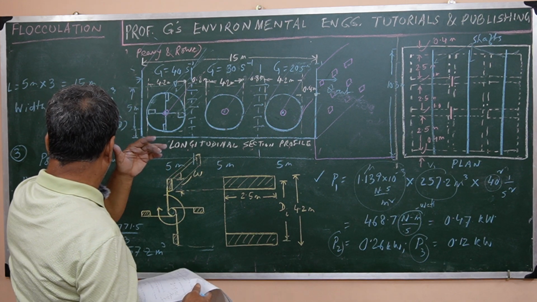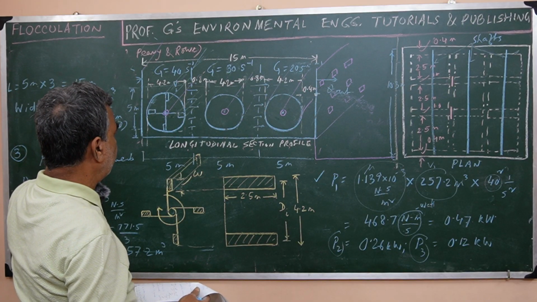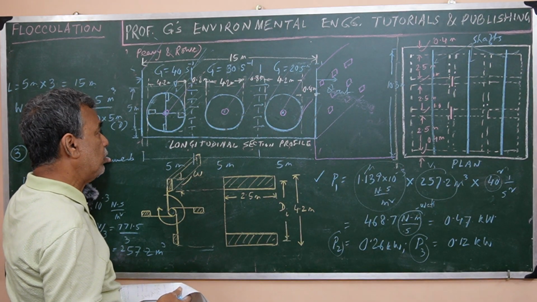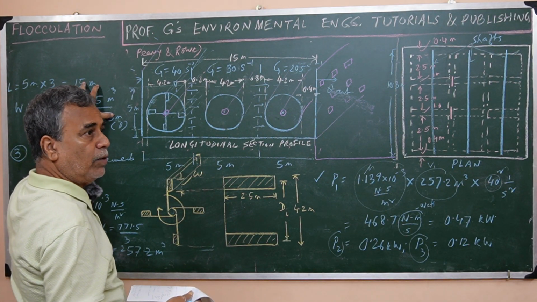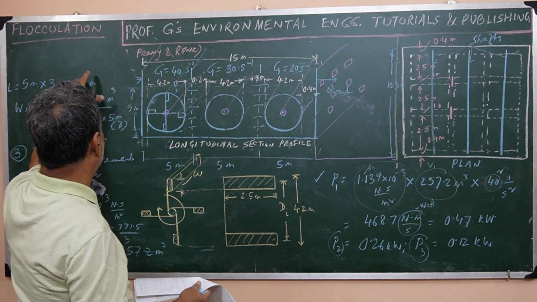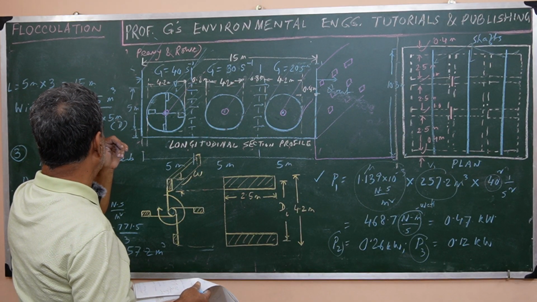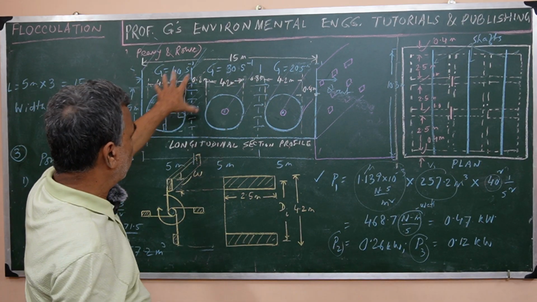So this we have calculated from the detention period. Detention period is calculated from the GT value, given GT value 4 into 10 to the power 4, that dimensionless figure GT, from which we have found out the total T and total volume.